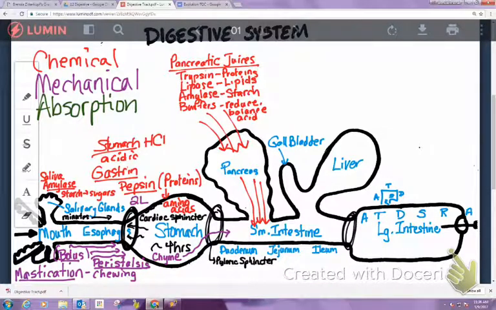And so you have to reduce the acid or make it more alkaline. Another thing that participates in chemical digestion is the bile that's made by the liver, stored in the gallbladder, and then released into the small intestine.